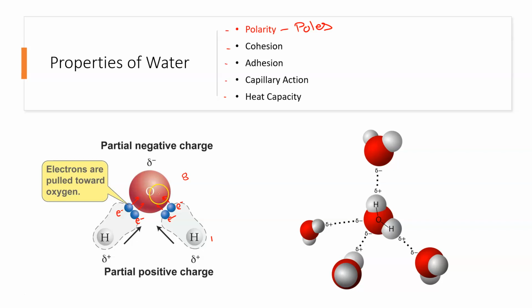But the oxygen is pulling on these electrons harder, and so you'll see that these electrons are actually sitting closer to the oxygen nucleus. If we looked at the actual distance between the electrons and the nucleus, that distance is shorter than the distance between the hydrogen nucleus and the electrons.